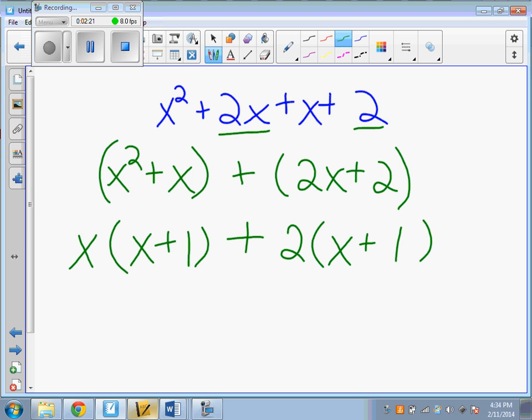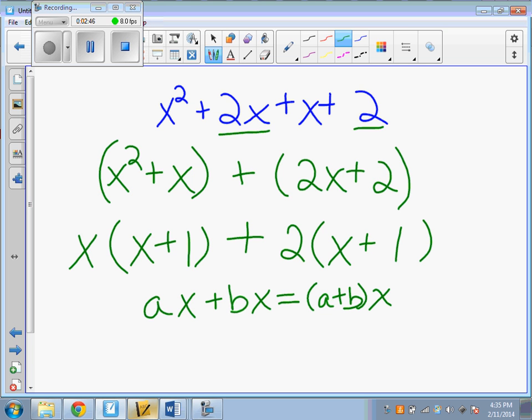On your notes, I wrote down the distributive property, where if you have two things being multiplied by the same thing, so we have a and b both being multiplied by x, the distributive property says we can rewrite that as a plus b times x.